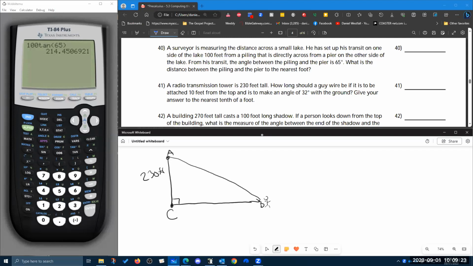This wire going from A to B is called a guy wire. It's used for support. So we want to find how long that should be.